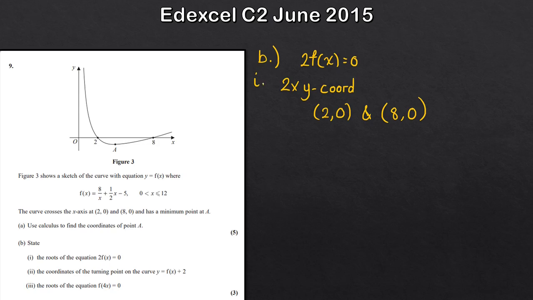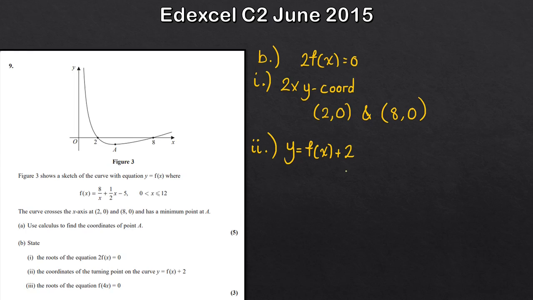Okay, so the roots don't change for the first part. So that's part 1. Now parts 2 and 3, we do actually have to do a bit of work. Part 2 is asking for the coordinates of the turning point on the curve y equals f of x plus 2. With the 2 outside the f of x like this, we add 2 to the y coordinates. If it's inside the bracket, it's affecting the x coordinates.